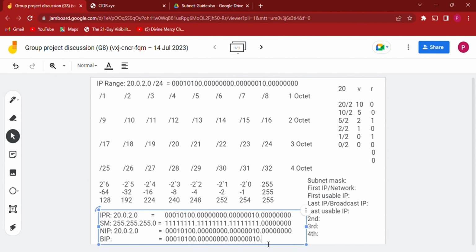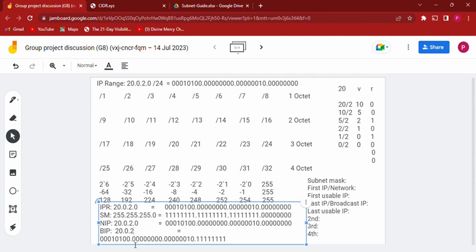So they will all turn into ones: 1, 2, 3, 4, 5, 6, 7, 8. When you convert this to base 10, you are going to get 20.0.2.255.